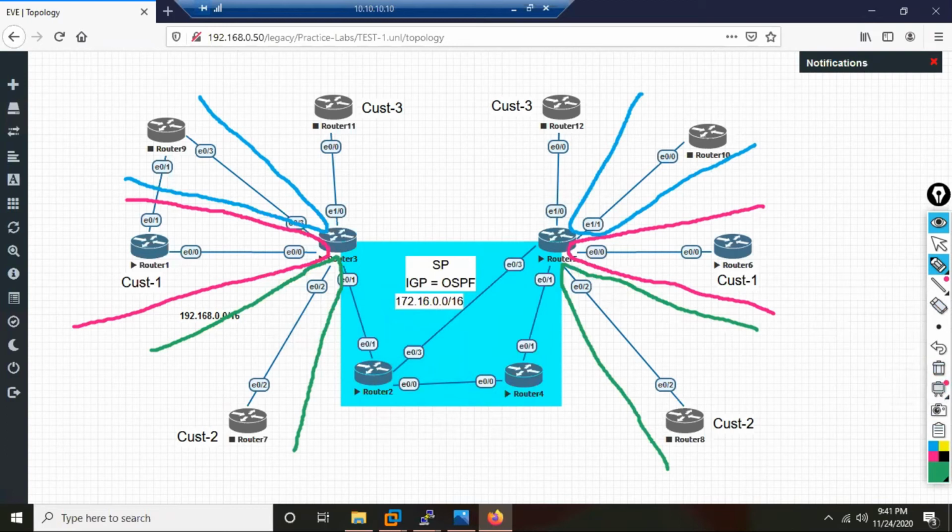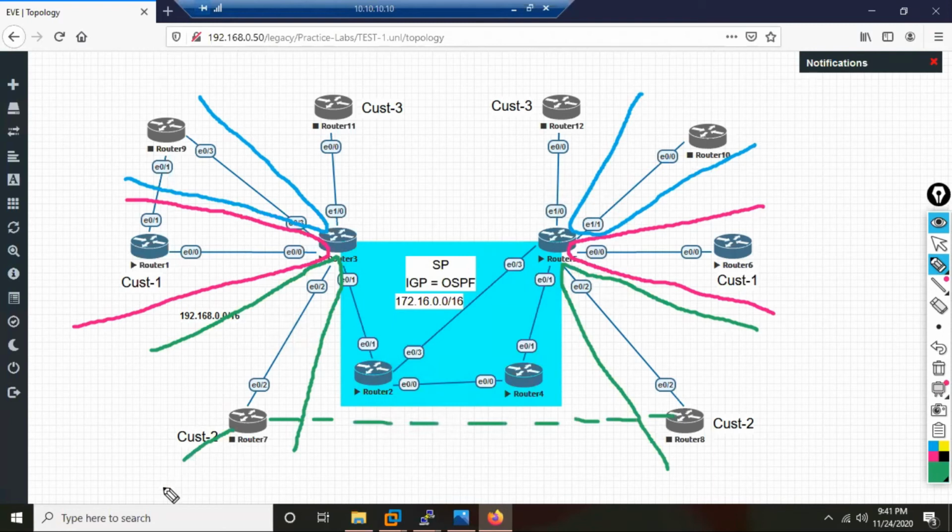Let's say customer 2 here, routers R7 and R8. When they are sending the traffic, logically, is the traffic going separately from R7 to R8?